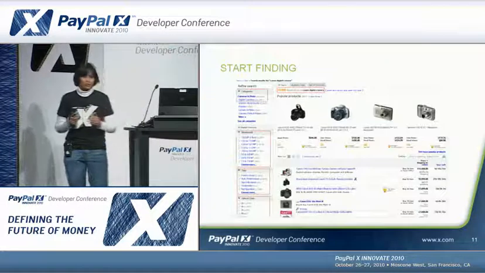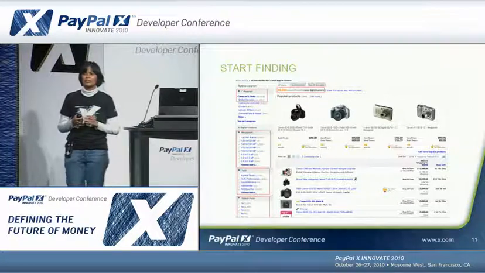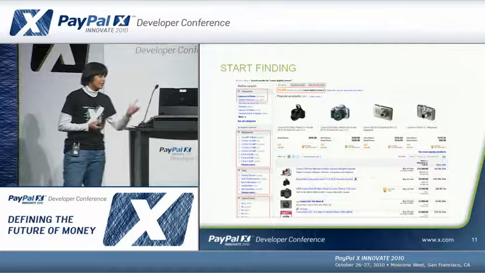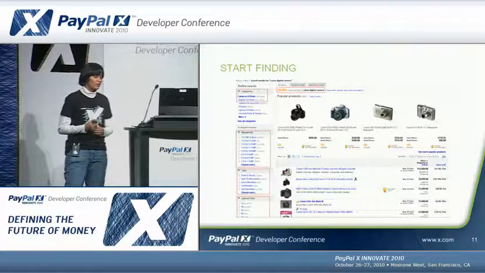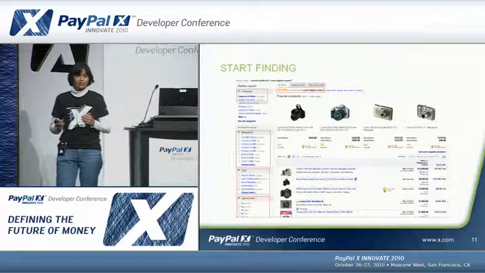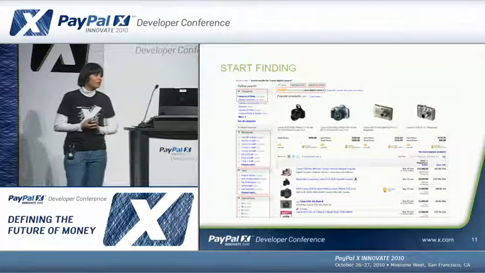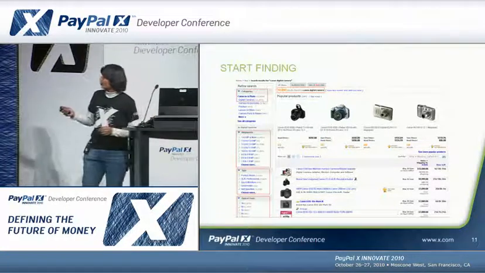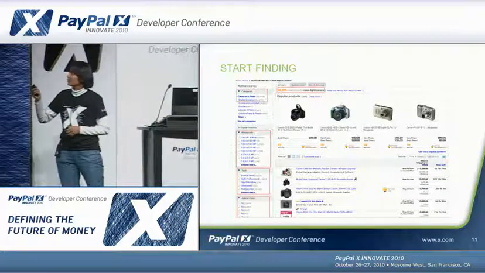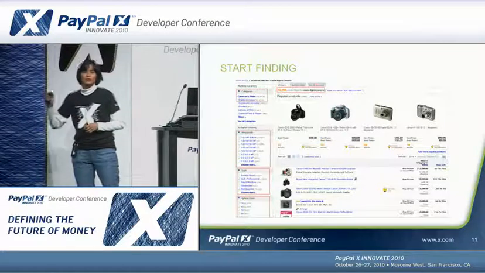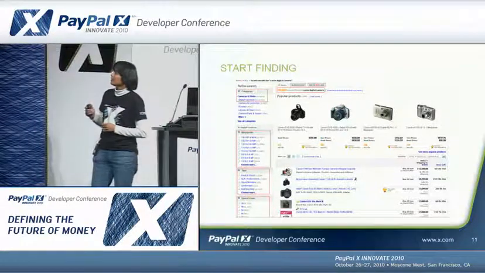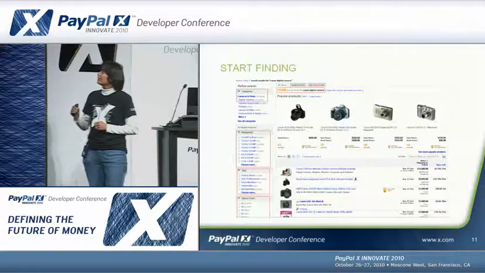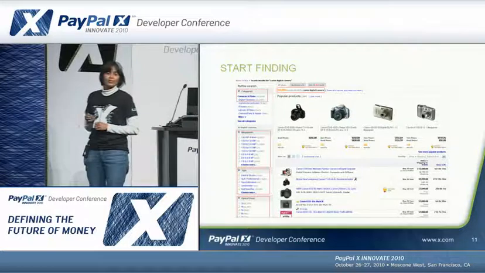Typically, when buyers go to eBay, the way they start the search is by first putting in a few keywords. And then let's say they were searching for something that was very popular, which is likely to give them tons of results, like in this case, a camera. The next thing that the buyers start looking at is filters, which we have on the left-hand side there, which says refine search. I'm not sure if it's visible at the back. But essentially, you can narrow down your results by clicking on a specific category, let's say, I'm looking for items in the camera and photo category.